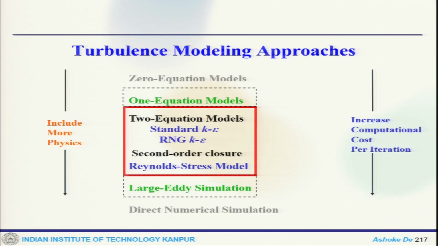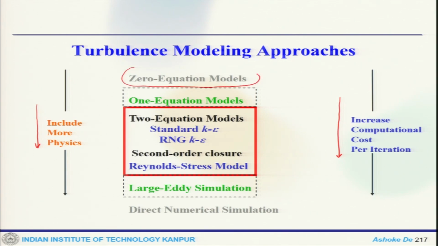Now, on the approach side, one thinks about increasing computational cost. At the same time it increases the physics. That means the more physics you want to resolve or capture, the more your computational cost will go up, and that is where one can start off.